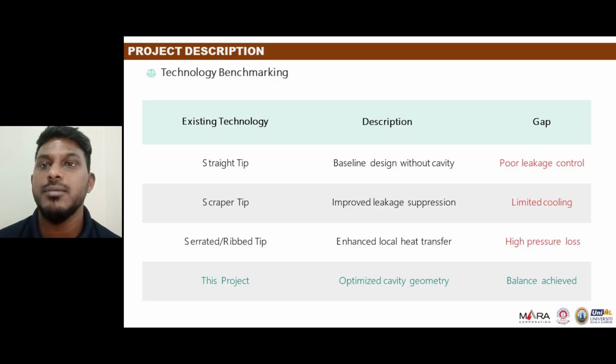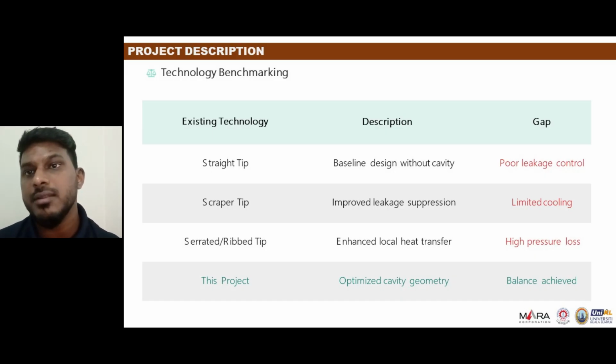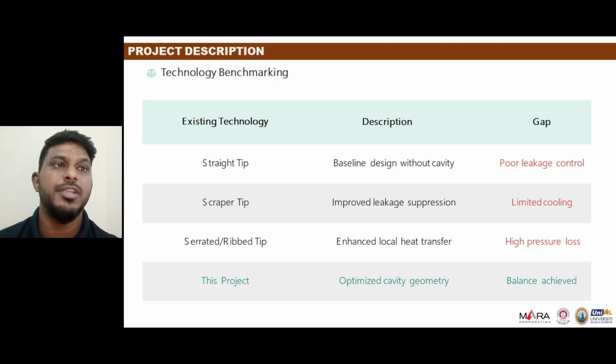This algorithm mimics natural selection by evolving a population of designs over successive generations, selecting and combining the best performing candidates. We start by defining key geometric parameters of the tip cavity such as depth, width, and shape features, and set reasonable bounds for their variation.